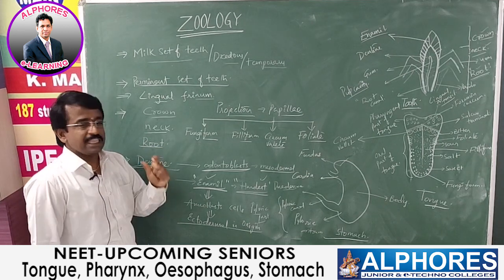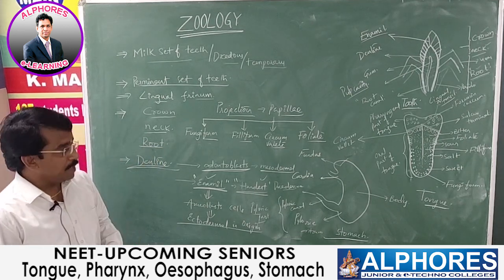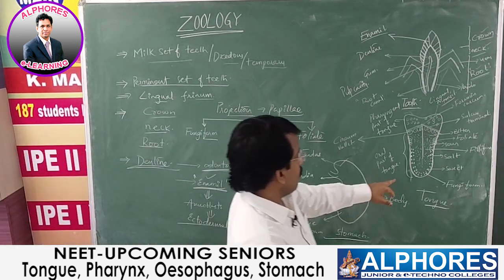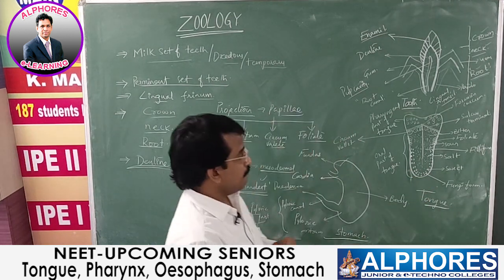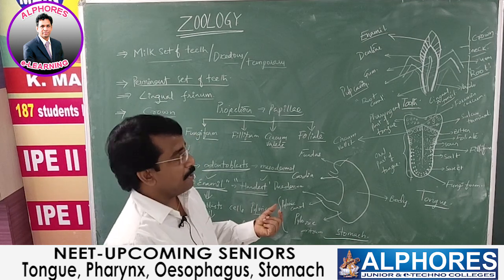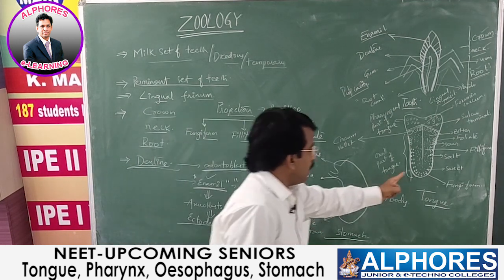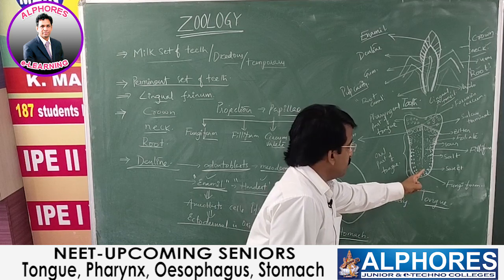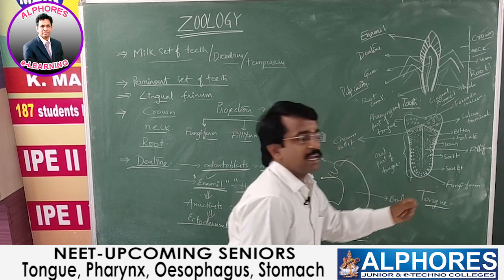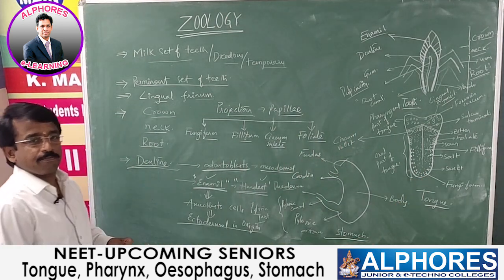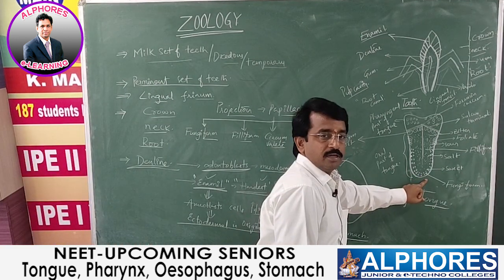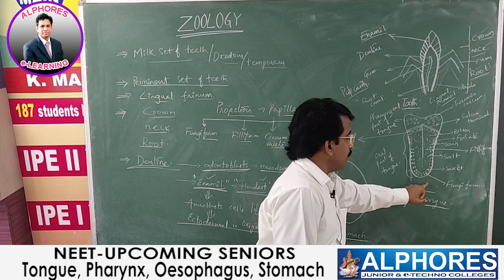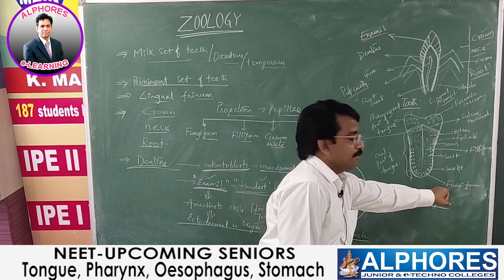Of these, the fungiform papillae are present in the anterior margin of the tongue.